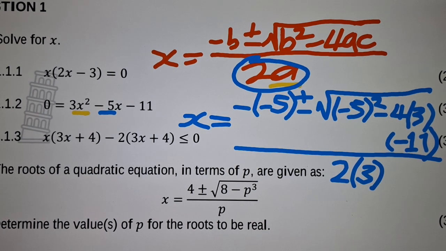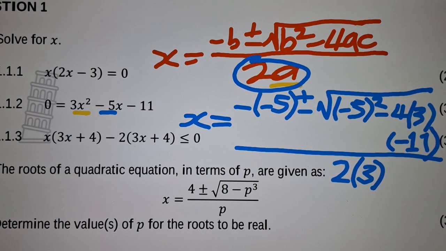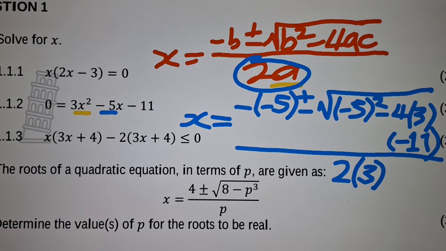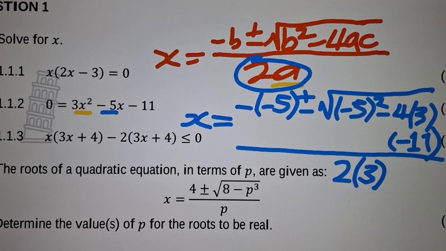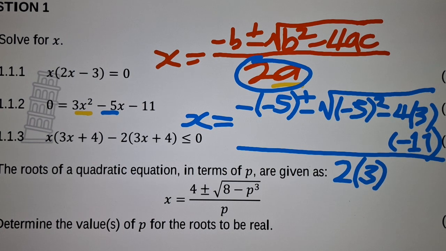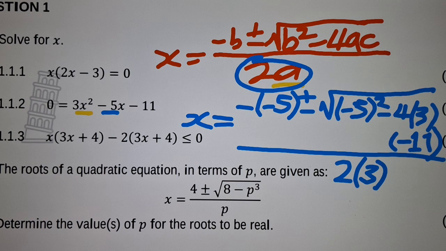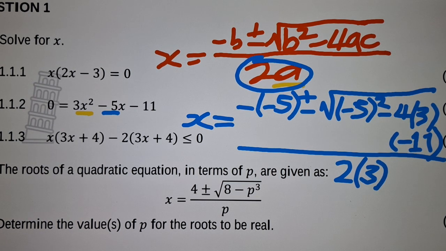Okay, on the calculator, negative 5 plus square root, negative 5 squared, then minus 4 a c, over 2.